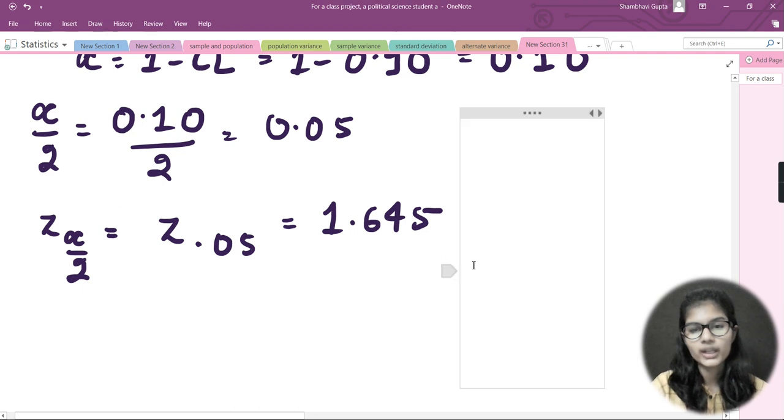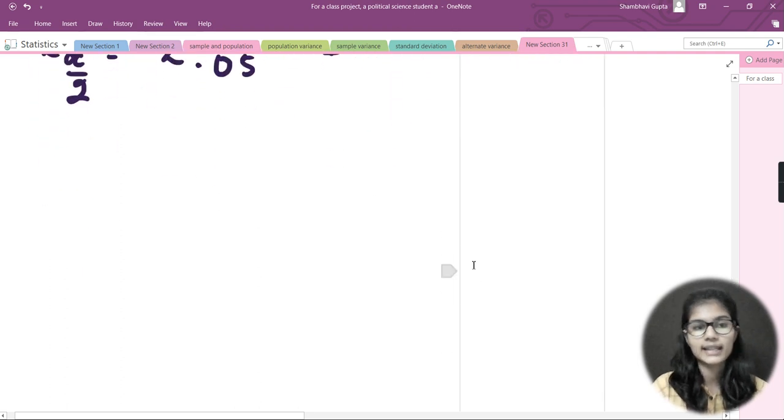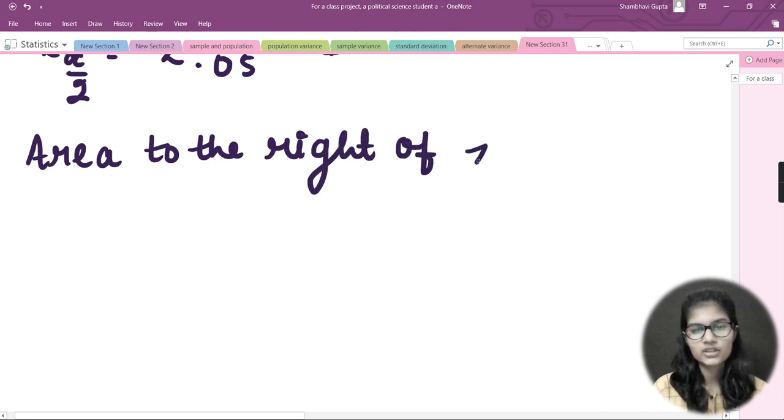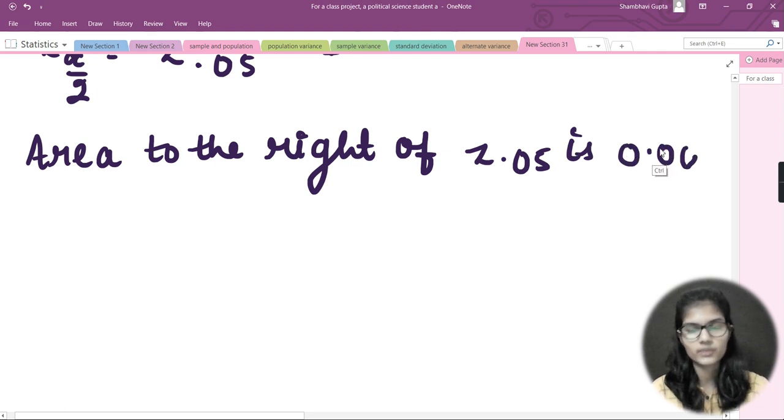So from here I can write one thing: the area to the right of z of 0.05 is 0.05.